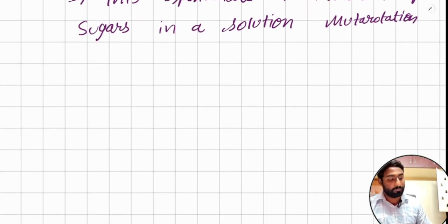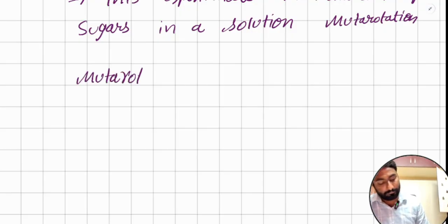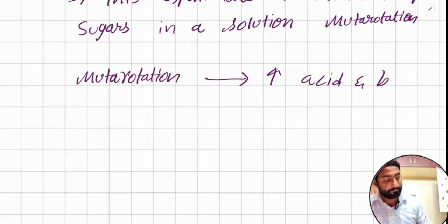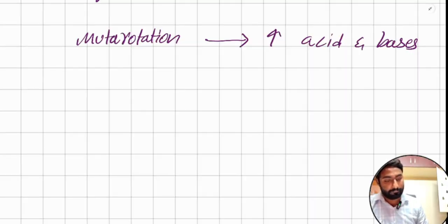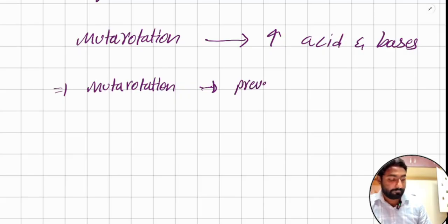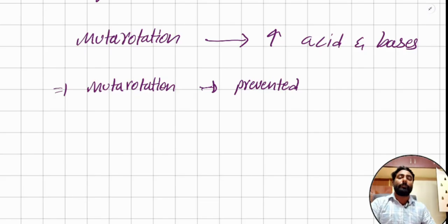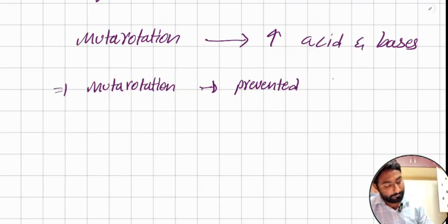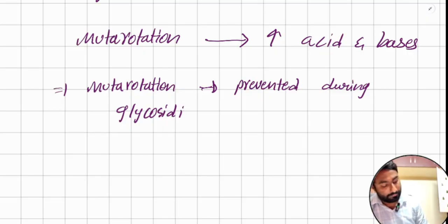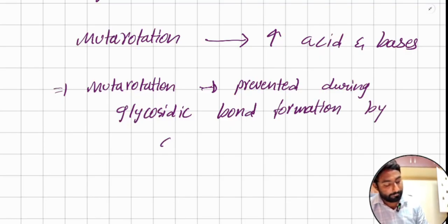Okay. This mutarotation is accelerated by acids and bases, and this mutarotation is prevented when anomeric carbons are involved in the bonding, during glycosidic bond formation by anomeric carbons.